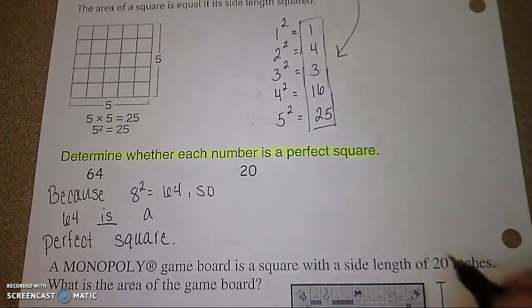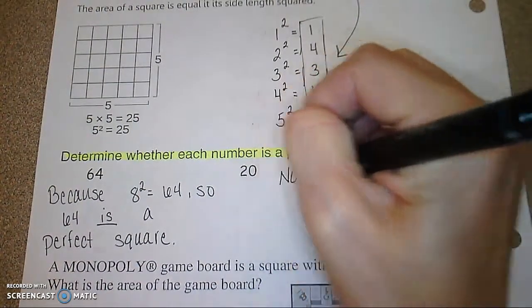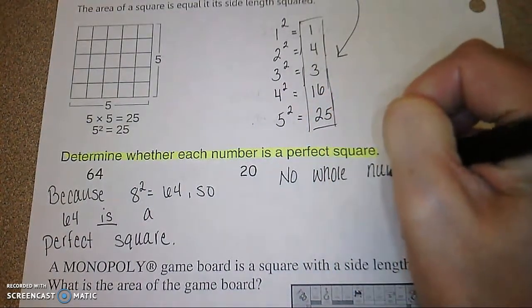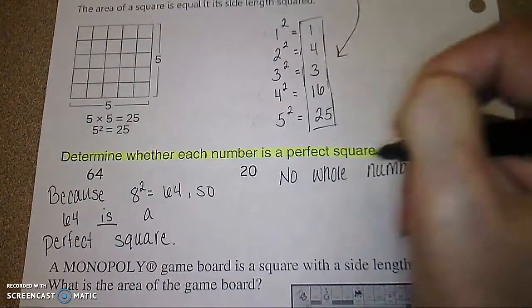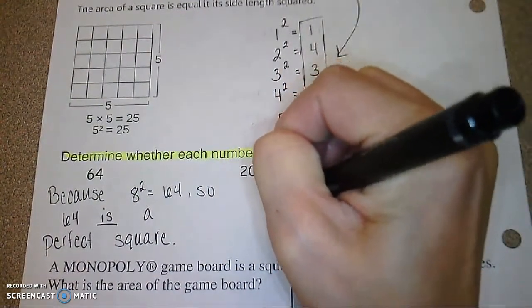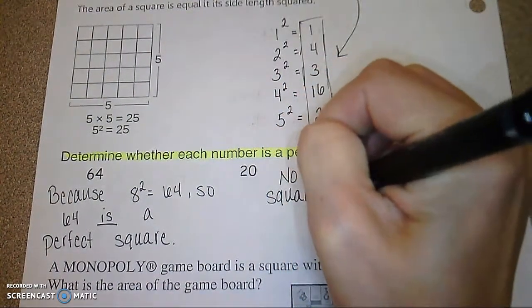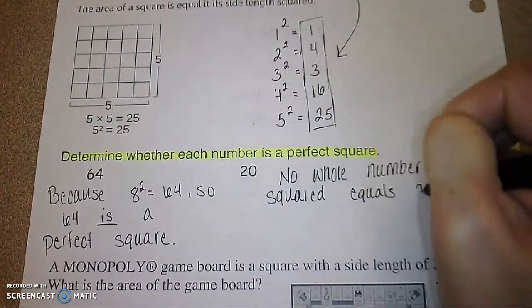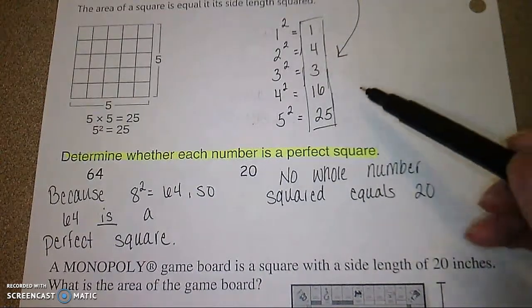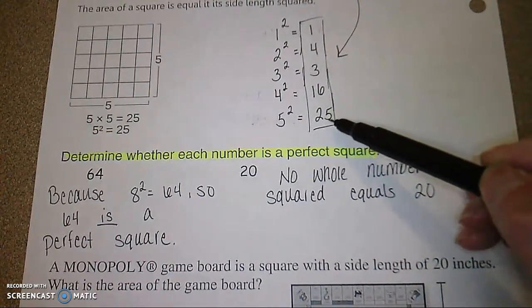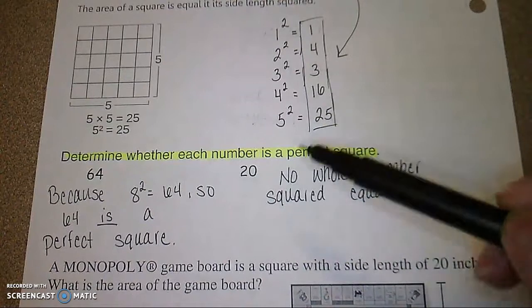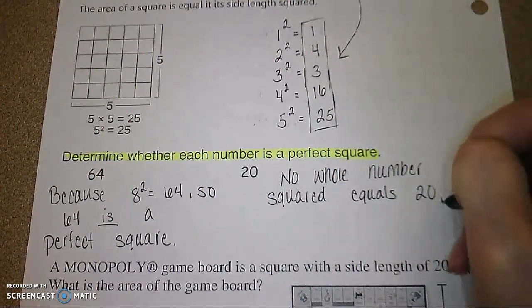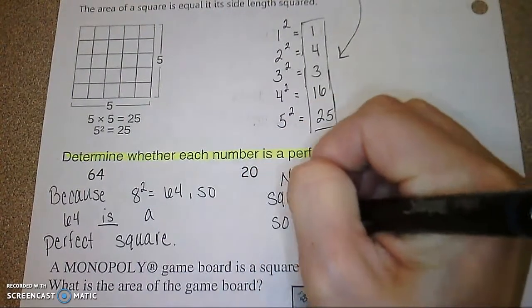For the number 20, there is no whole number squared that's going to get me 20. Okay, 4 squared is 16, 5 squared is 25. There's nothing in between there that's going to get me to 20. So no whole number squared equals 20. So 20 is not a perfect square.